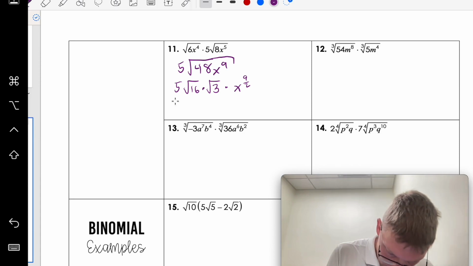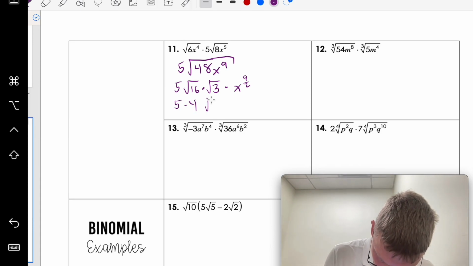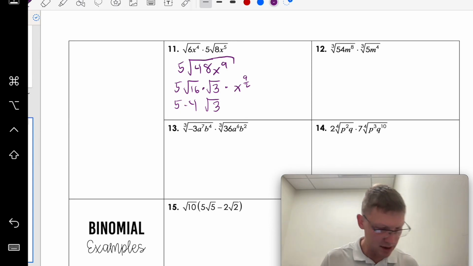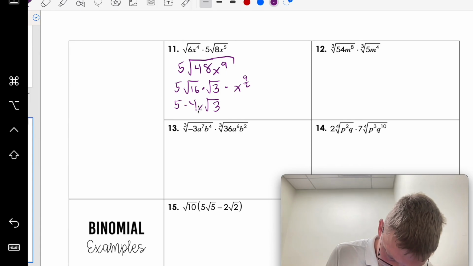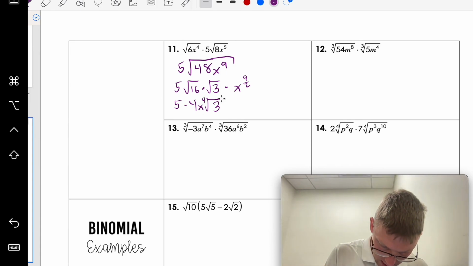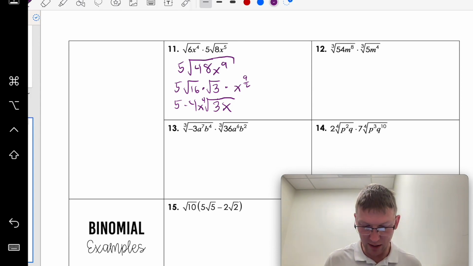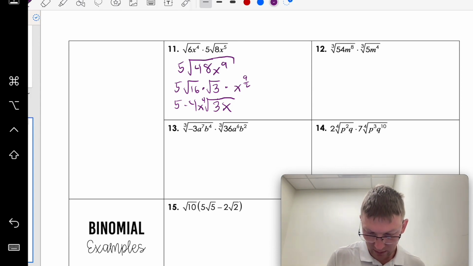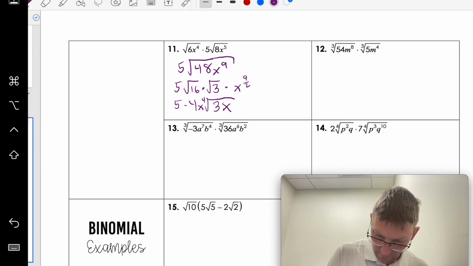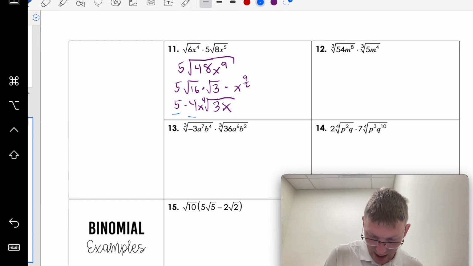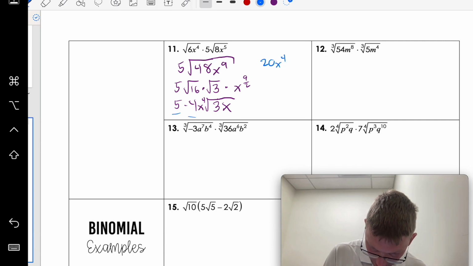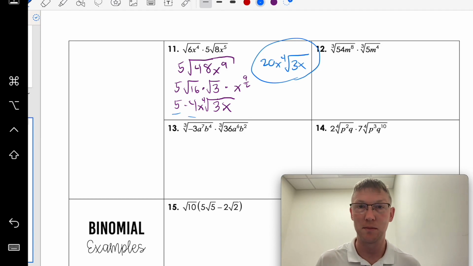And so anyway, we're going to have 5 times 4, square root of 3. How many times does 2 go into 9? Goes in 4 times. So we're going to have x to the 4th on the outside, and then we're going to have 1x remaining on the inside. So this is not our final answer. Our final answer, we've got to simplify the 5 and the 4. So 5 times 4, so we're going to have 20 x to the 4th square root of 3x. So this is our final answer.